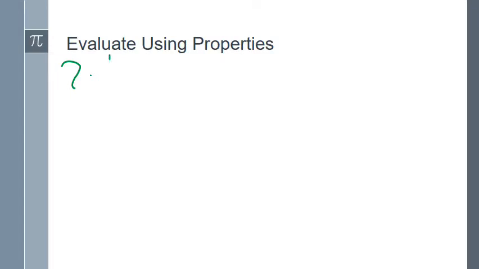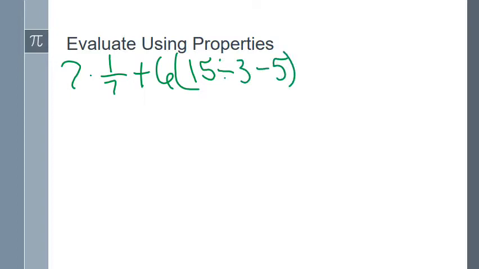Here we've got 7 times 1 over 7 plus 6 times (15 divided by 3 minus 5). Oh, we've got a big mess here. Okay, let's break this down step by step.